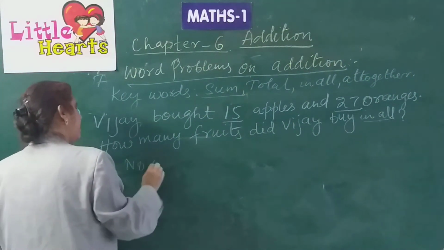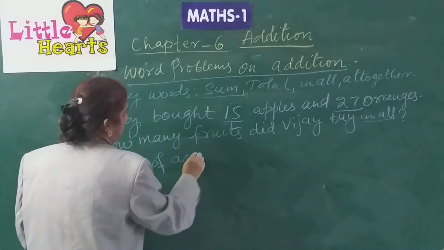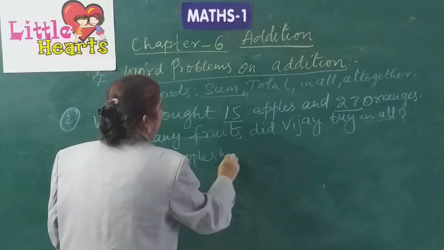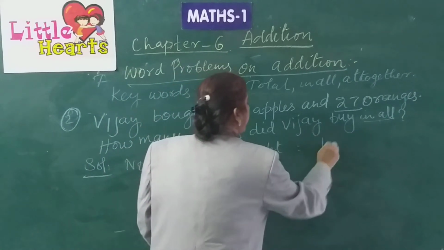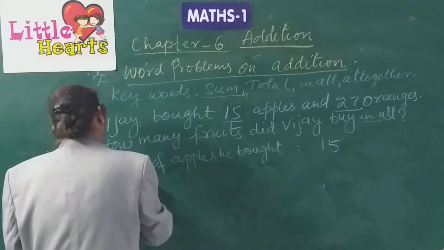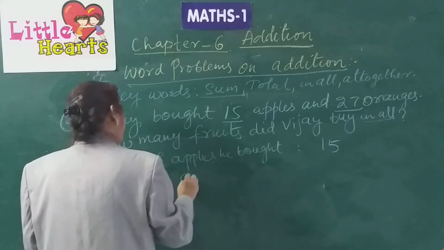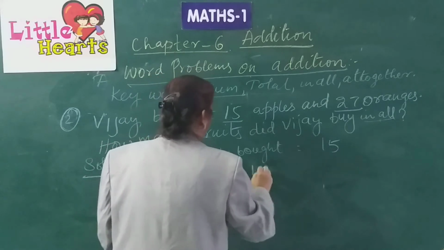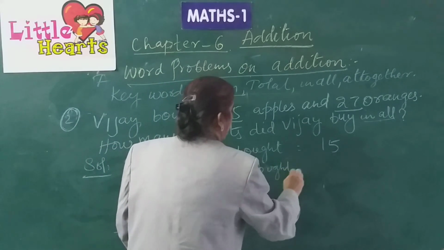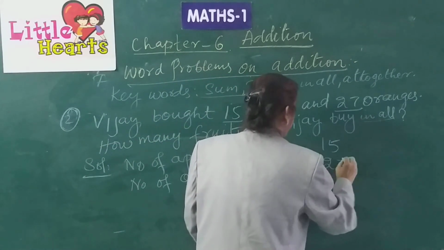Number of apples he bought, 15. Number of oranges he bought, 27.